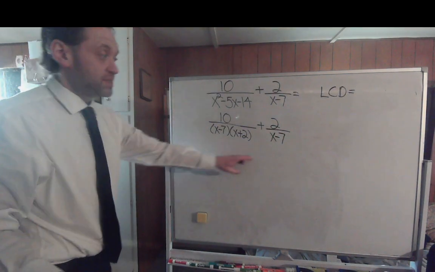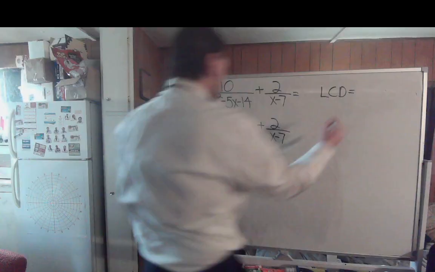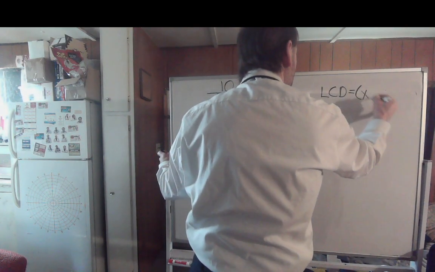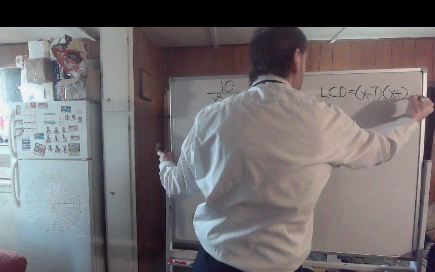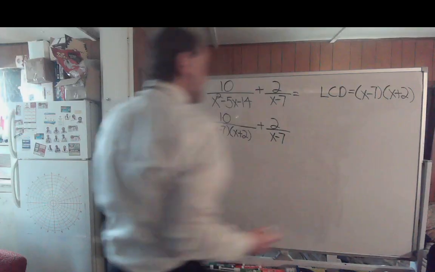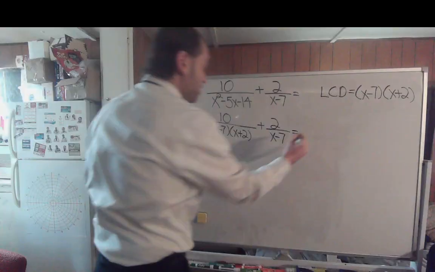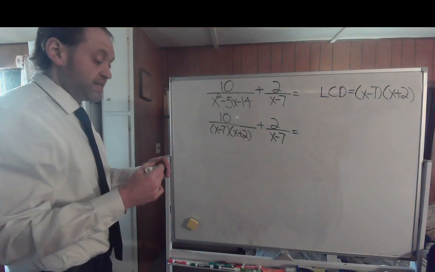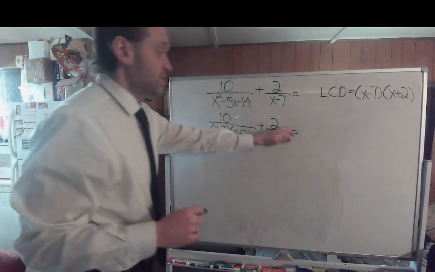Well, both terms have an x minus 7, but only one of them has an x plus 2. So your least common denominator would be that x minus 7 times x plus 2. So now we just need to get the least common denominator on both terms and add these fractions together. Well, you already have that on your first term. It's just the second term you've got to deal with.